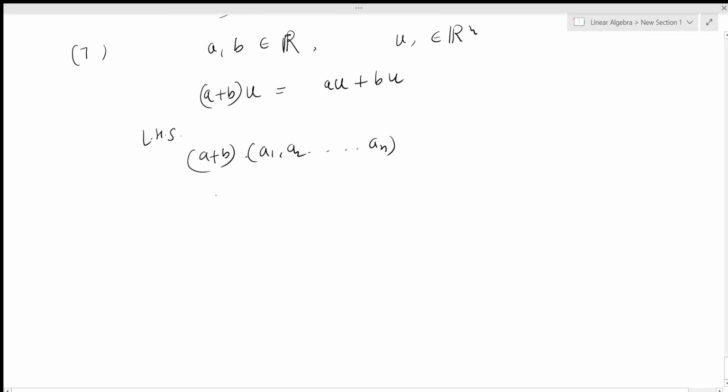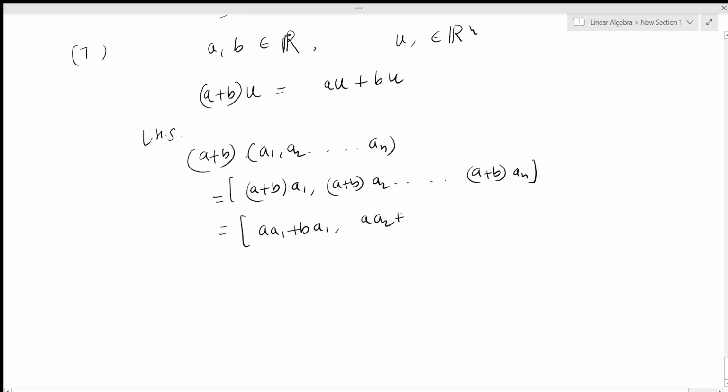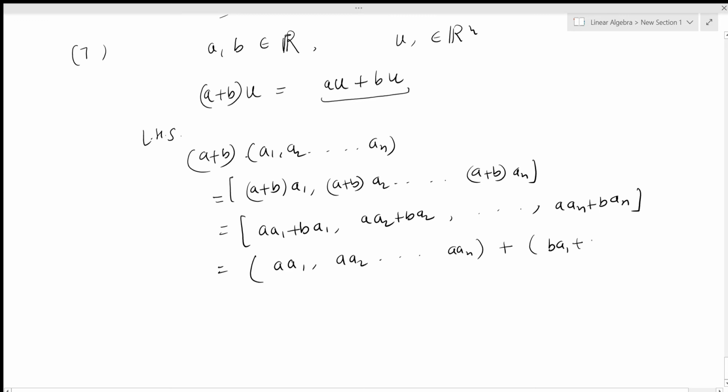That is equal to, we can multiply with this, A plus B A1, A plus B A2 and so on, A plus B An. So now we can separate, that is A A1 plus B A1, A A2 plus B A2, A An plus B An. Now we can separate A A1, A A2 and A An. We are doing this because we have to prove this part. That's why we are doing this. So B A2, sorry, there is comma.